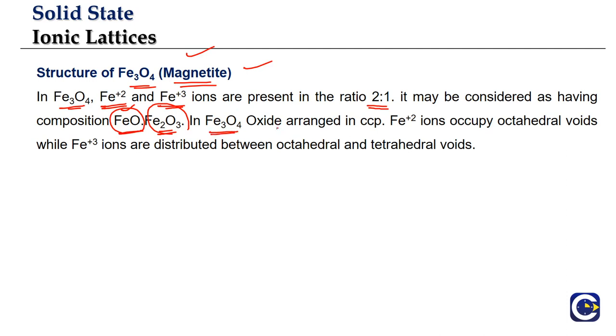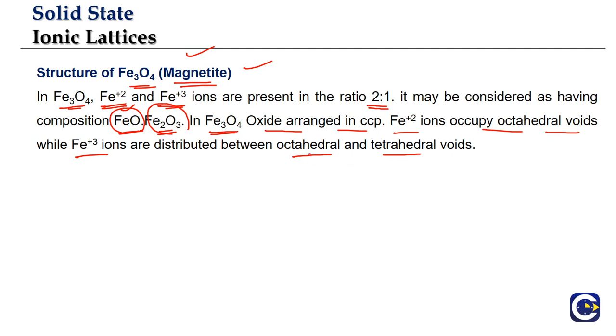If you look at the Fe3O4, the magnetite as a whole, oxide ions will be forming the CCP. The oxide ions are basically going to form the CCP. And the Fe2+ ions will occupy the tetrahedral voids. Fe3+ ions will be distributed between the octahedral voids and tetrahedral voids. So the Fe2+ ions will be occupying the octahedral voids, and Fe3+ ions will be occupying octahedral voids and then tetrahedral voids.